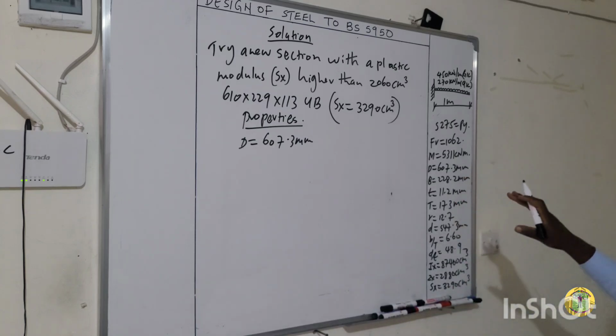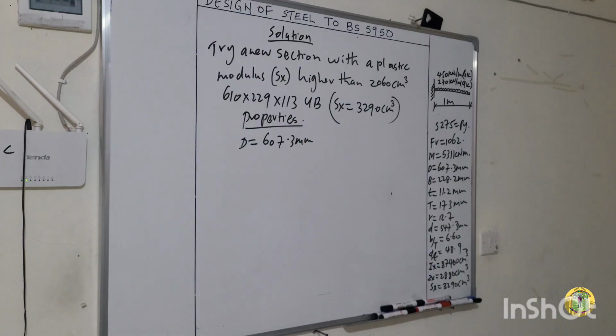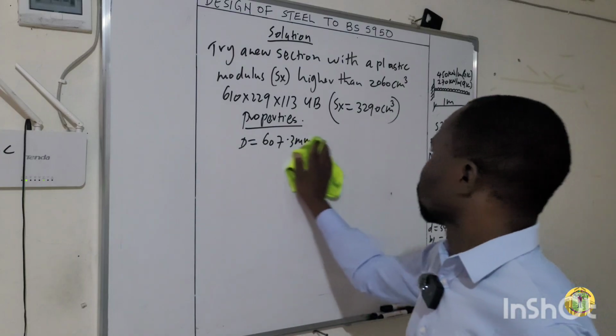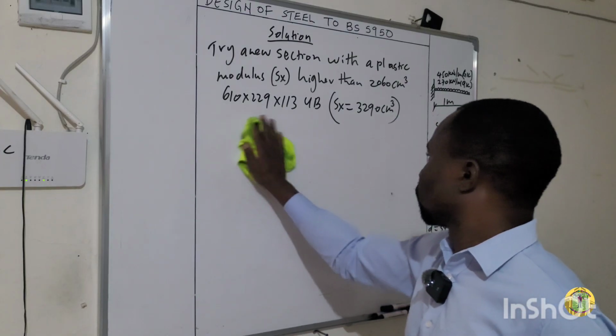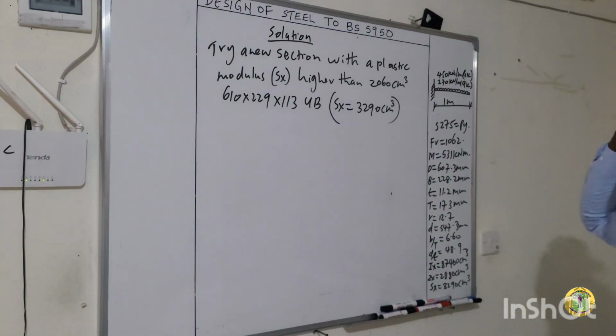So having obtained these properties from the table, we can now continue with our calculation. Again, we'll come here and classify the strengths of this section.